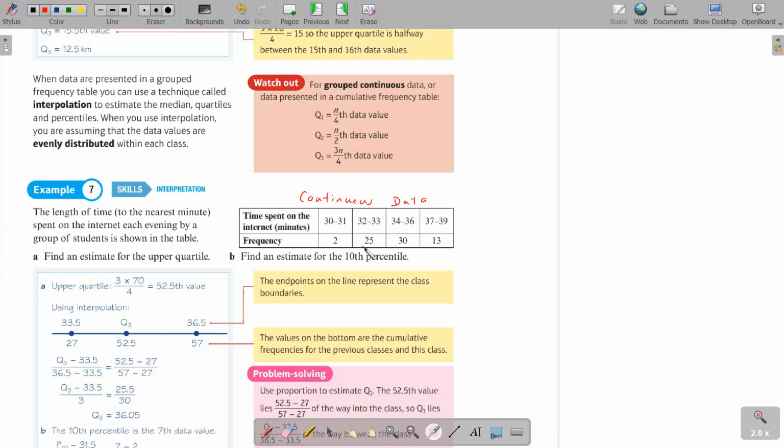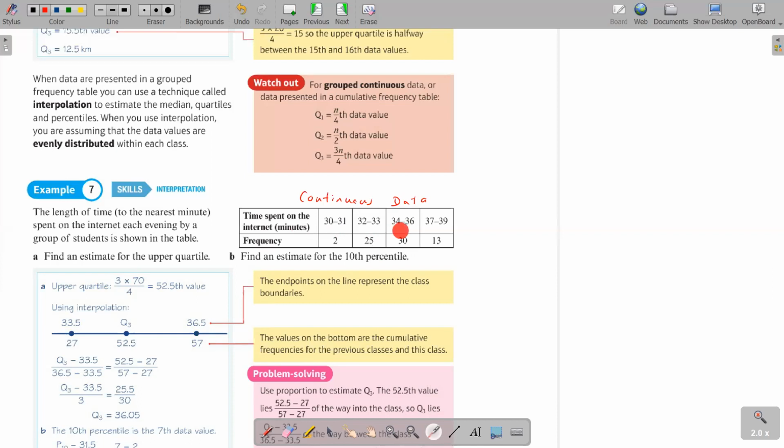No, I just have it in a range. We really don't know the exact amount of time that anyone took here. So there are 25 people who took between 32 to 33 minutes, and it could be any value between 32 to 33 because time is continuous and you can break it into seconds. Because of that, you immediately need to identify this is continuous data.